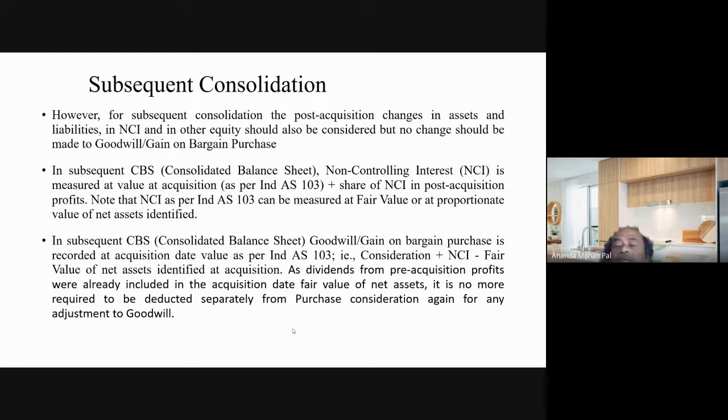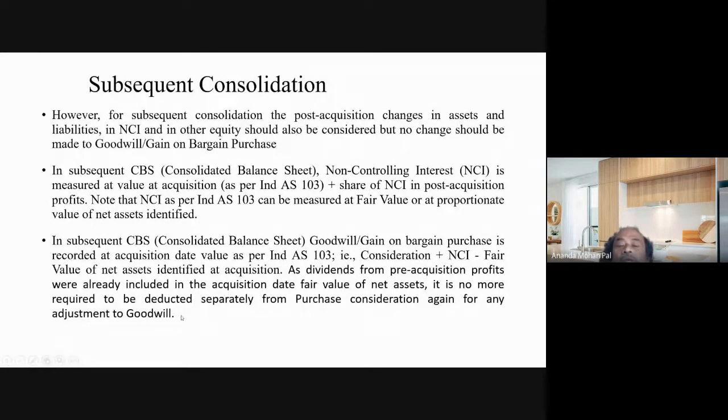Whether the fair value includes an amount that is afterwards declared as dividend or not, fair value remains intact. So it is no longer required to be deducted separately from the purchase consideration.